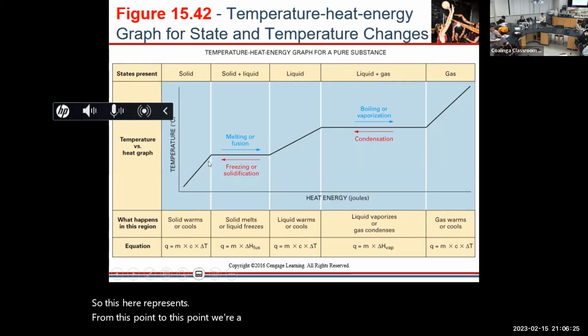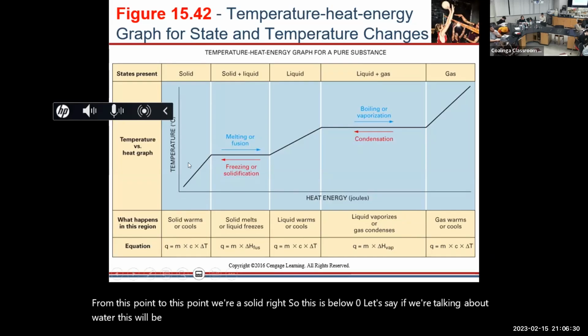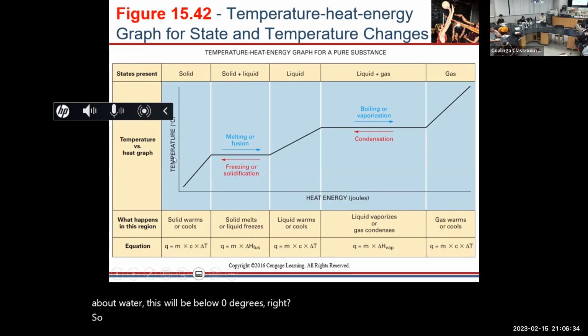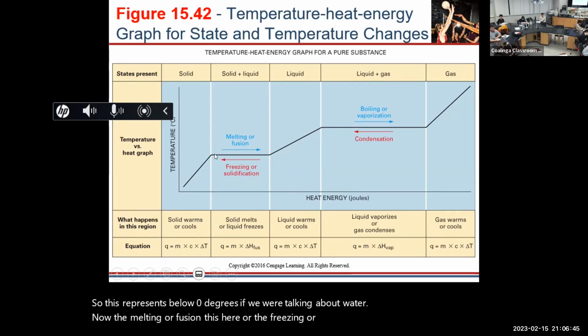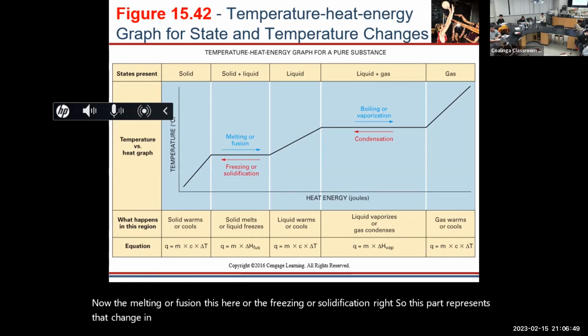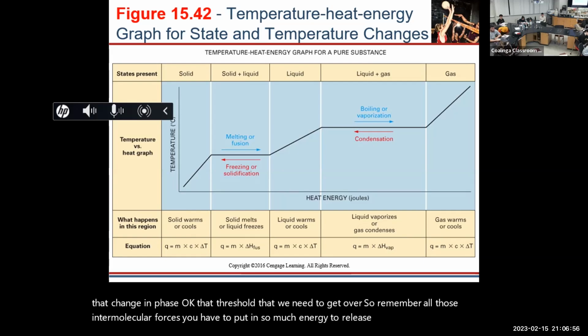So this is below 0 degrees, if we're talking about water. Now, the melting or fusion, or the freezing or solidification, this part represents that change in phase, that threshold we need to get over. Remember all those intermolecular forces, you have to put in so much energy to release them. That's what we're talking about here.